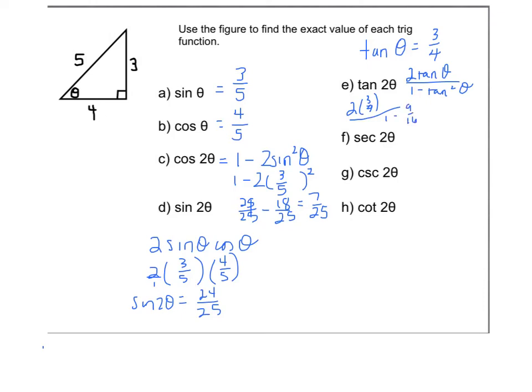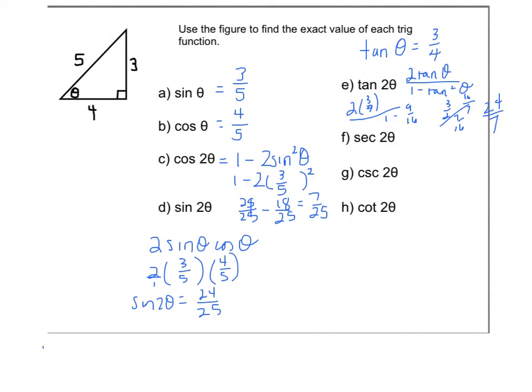Well, that leaves 3/2 on the top, divided by 7/16. Flip and multiply, and I get 24 over 7.